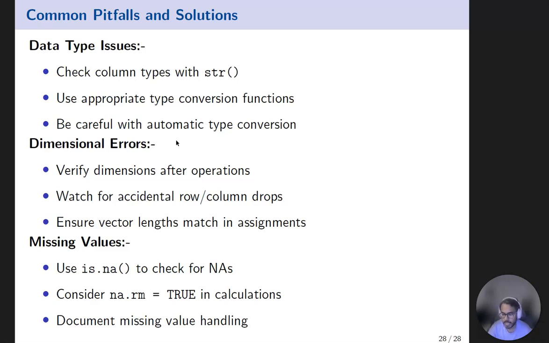Sometimes we can accidentally delete rows or columns that we don't want, so that is not desirable. And usually na.rm equals TRUE in calculations is desired because then you are telling R to keep an eye out for missing observations. So that was the third and final part of this data frames lecture.